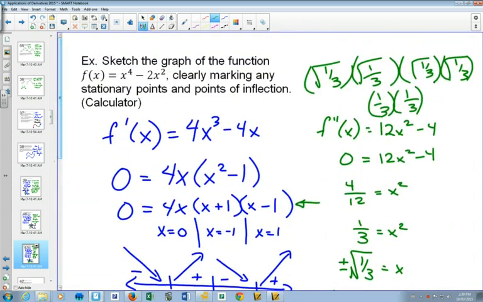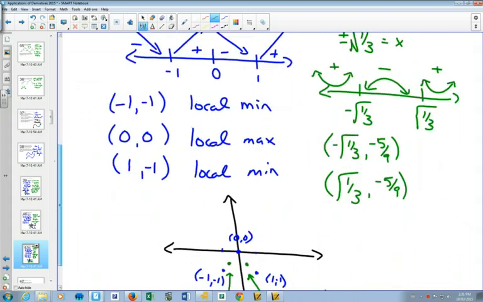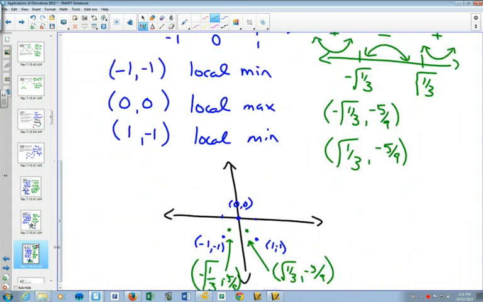Okay. Looking at our original function, could you factor that? Just going to see. We've already got our y-intercept because it happened to be part of our local max. It's also one of our x-intercepts. If we look back at our original equation, I'll just write it over here. It was x to the 4 minus 2x squared.